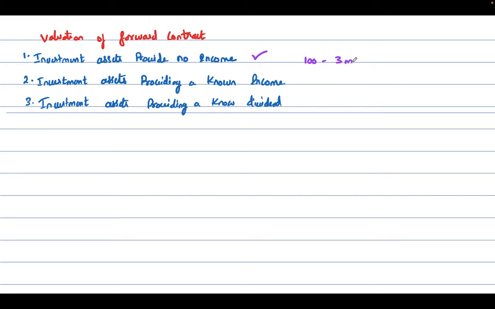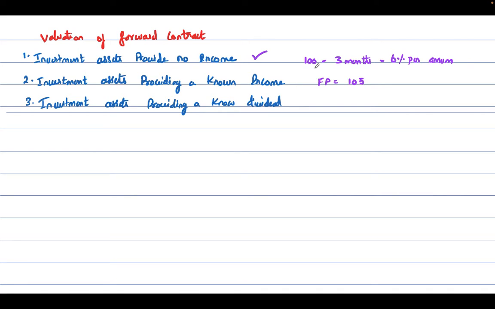The time is 3 months, and the risk-free interest rate is 6% per annum. So let us assume that after 3 months the forward price is 105.